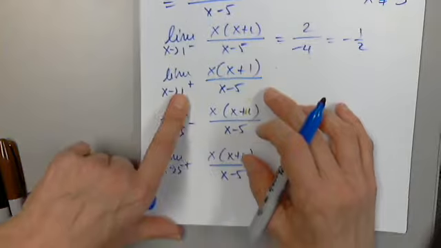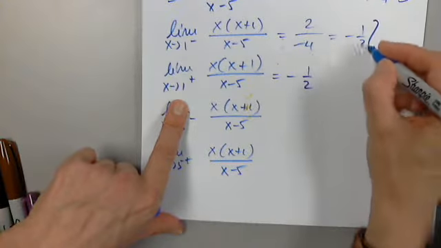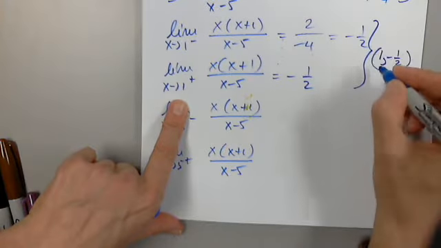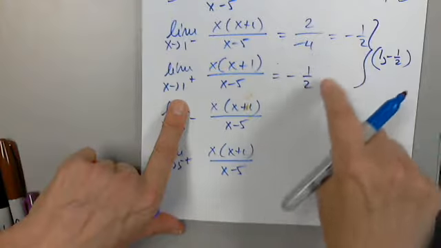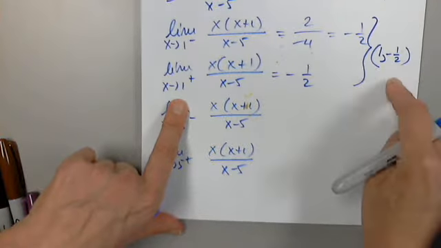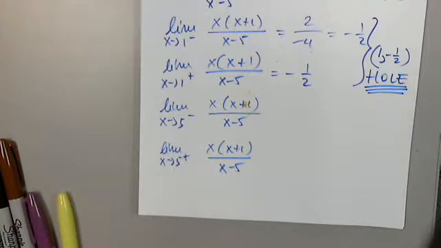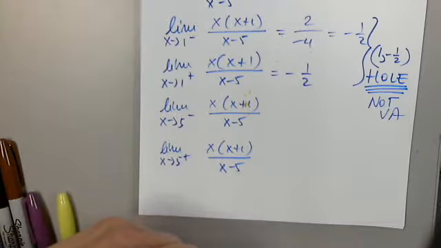The other one has to be the same, right? So the other one is also negative 1/2. What do I conclude about the point 1 comma negative 1/2? 1 for x, y negative 1/2. What is this point? Yes. Not a vertical asymptote. Because I did not get the infinities left and right.